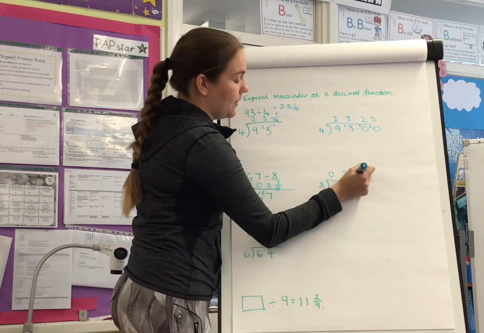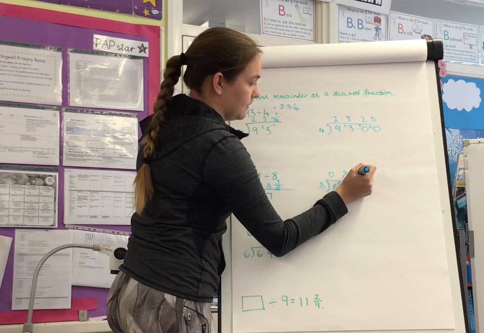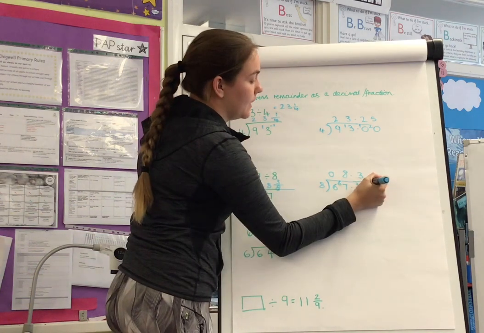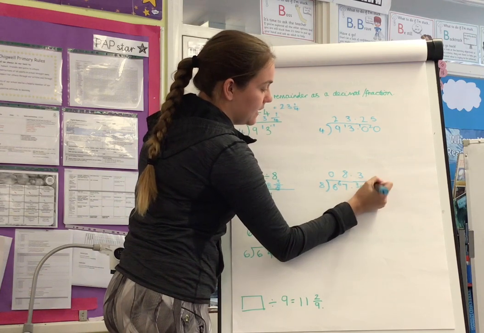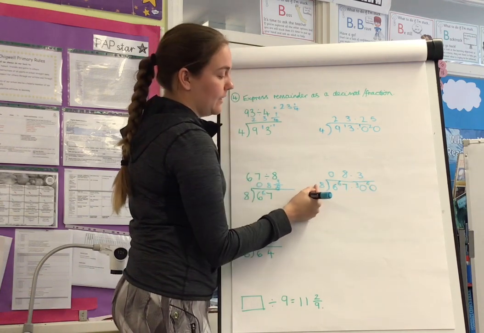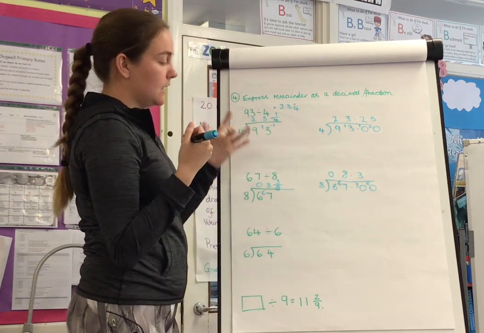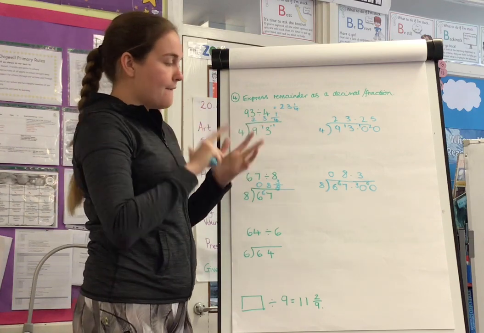How many 8s are in 30? We know is 3, which is 24, which leaves us with 6 left over. So we're going to add another 0 and put the remainder here. So we're now thinking how many 8s are in 60. So we've got 8, 16, 24, 32, 40, 48, 56.